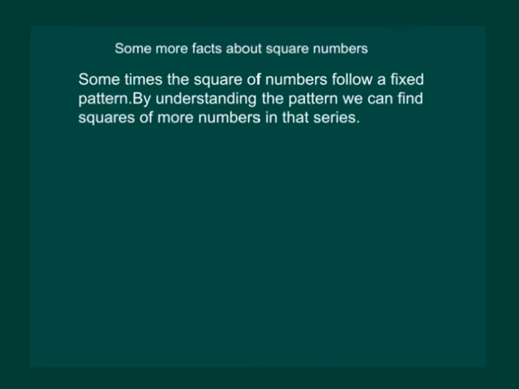Another important fact about square numbers is that sometimes they follow a fixed pattern. If we understand the pattern, then we can find the square of more numbers in that series. Let us take an example. We know that 1 square is 1, 11 square is 121. Let us find 111 square.